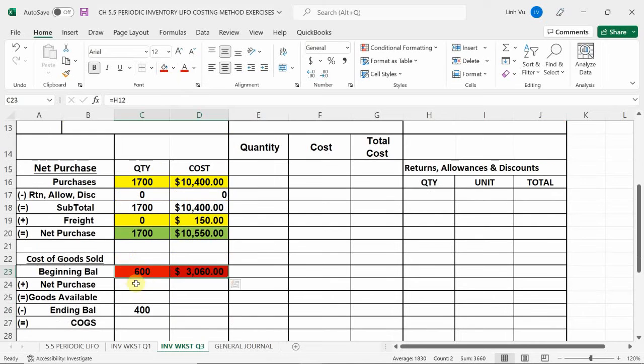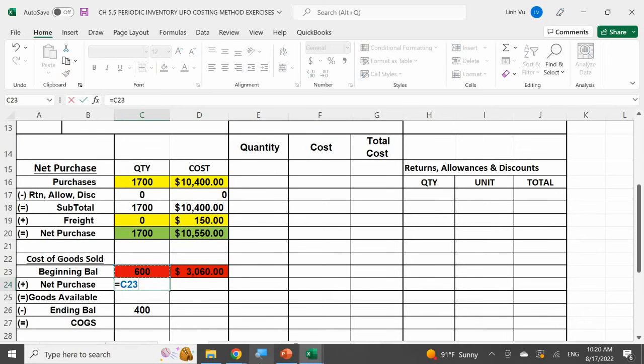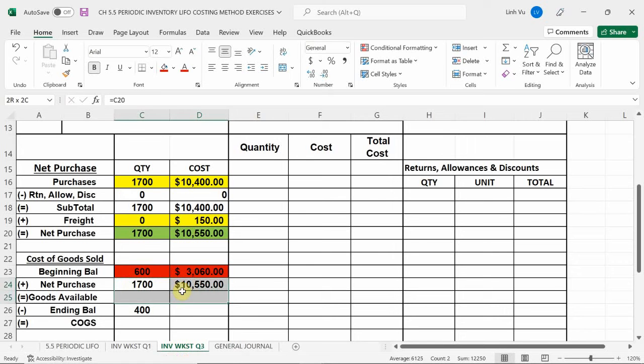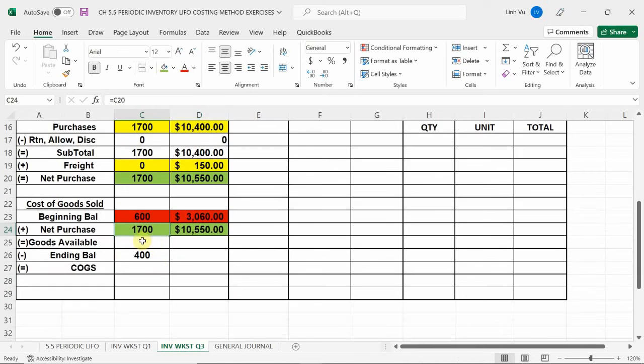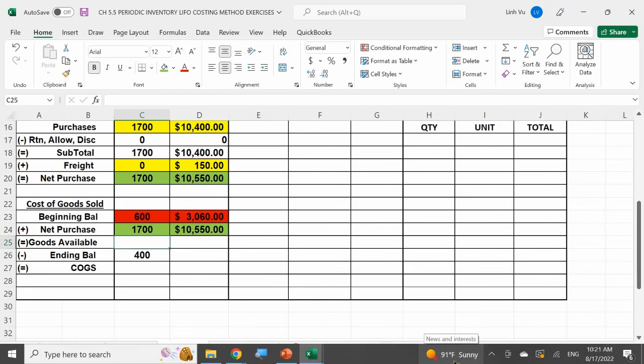And then I have my net purchases that I sold from above. I'm going to carry that down. Okay, so this is green. So then now, how do I calculate my total goods available? I just simply add them up.